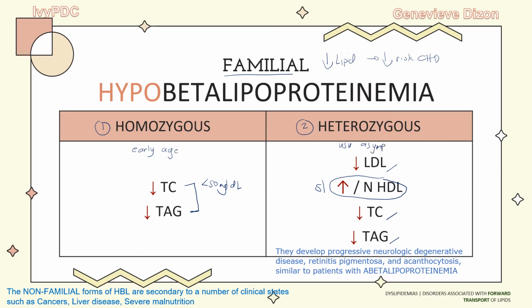But if symptoms do happen, neurologic degenerative disease, retinitis pigmentosa, and acanthocytosis may be seen, which are also present in another condition, which is abetalipoproteinemia. The non-familial forms of HBL are only secondary to other conditions like cancers, liver disease, and severe malnutrition.